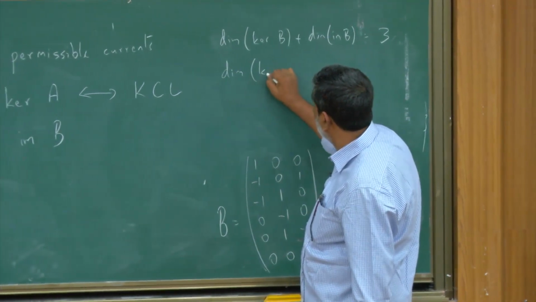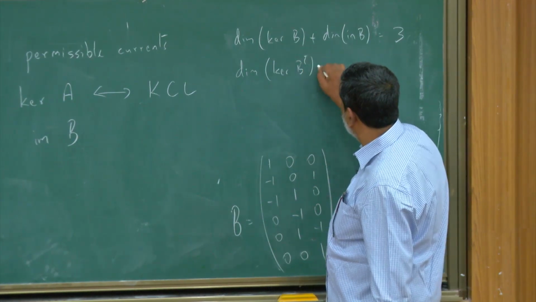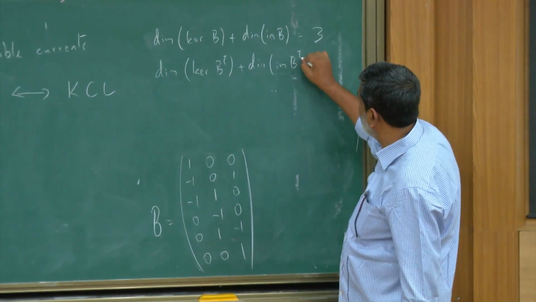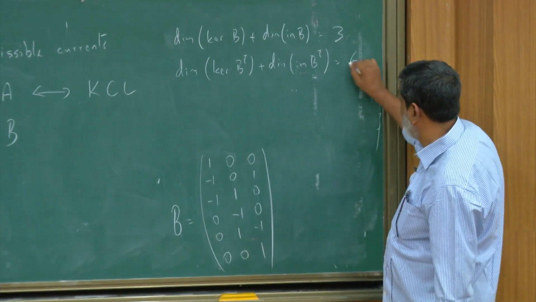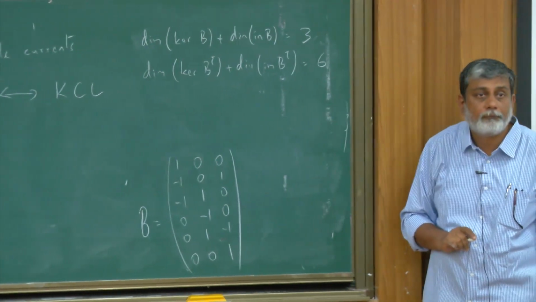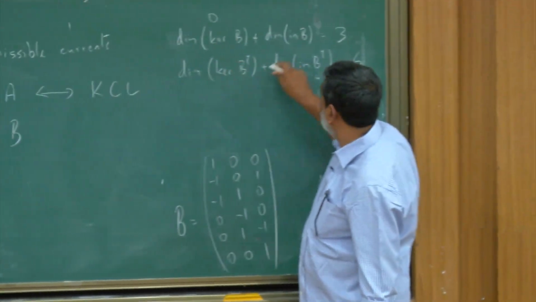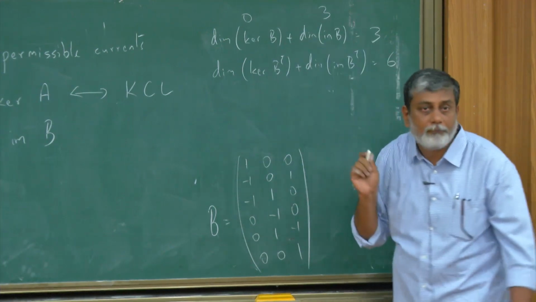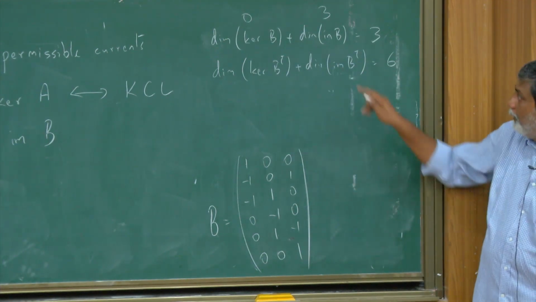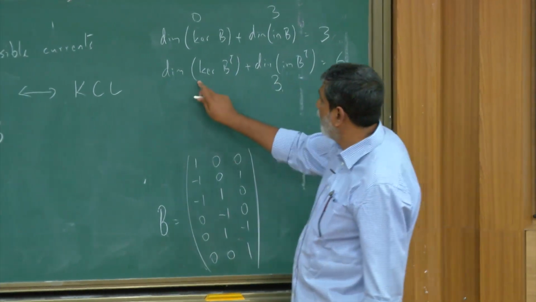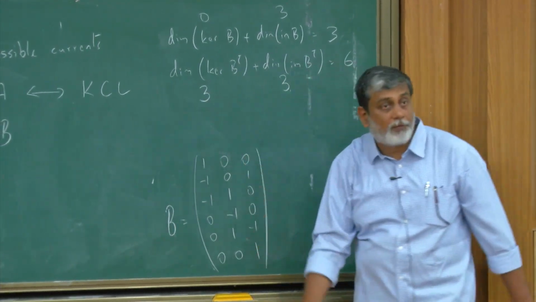Dimension of kernel of B transpose plus dimension of image of B transpose should be equal to 6. Rank of B is the same as rank of B transpose, so this must be 3 and this must be 3.